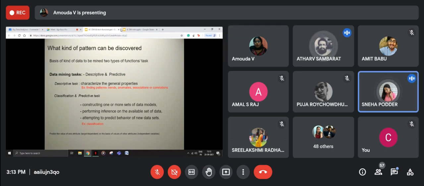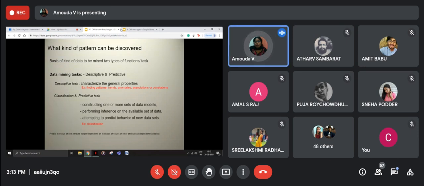The definition is explanation of the data. Shall I put it as characteristics of the data? Like describing the data. Yes, that is the very important word we need to use: characterization of the data.